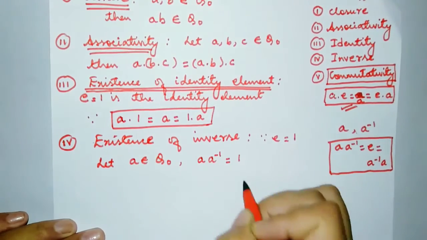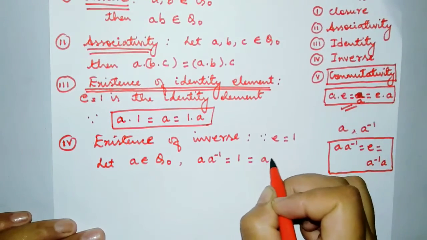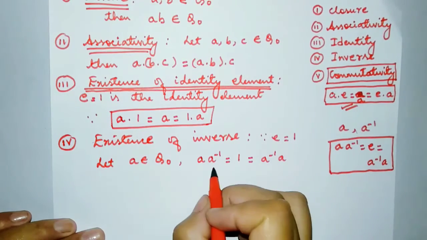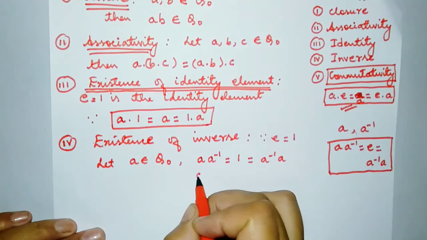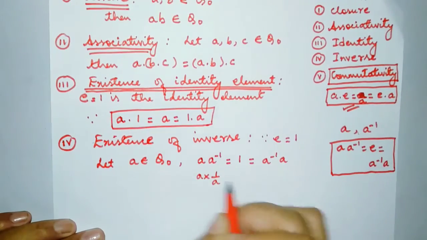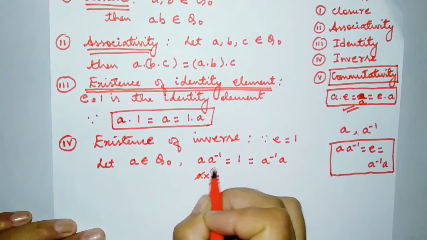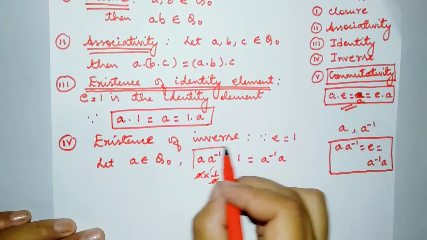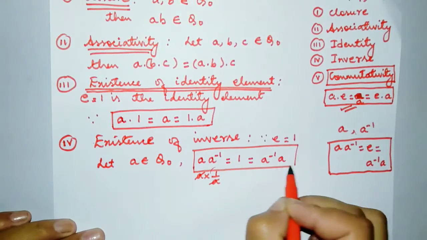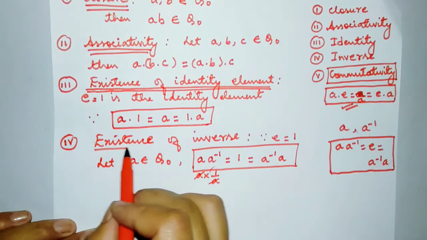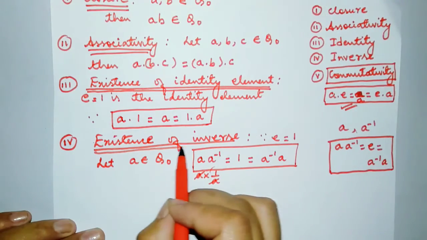It is equal to 1. And it is equal to A inverse into A. Why? Because for A inverse, we can write it as 1 upon A. And then we get the identity itself. So here also, the inverse of an element exists.